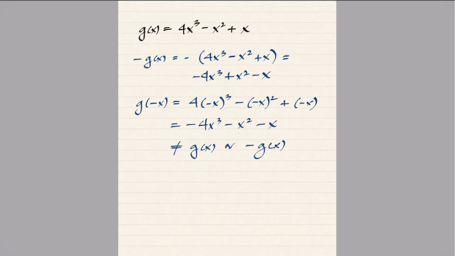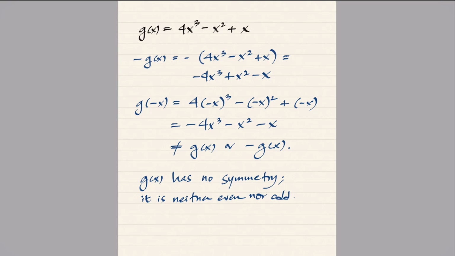And so when you compare the expression that we obtained with what we started with and with the opposite of g of x, it doesn't match either of them. And so in this case, this function does not have any symmetry. It's neither even nor odd. And so there's my answer.